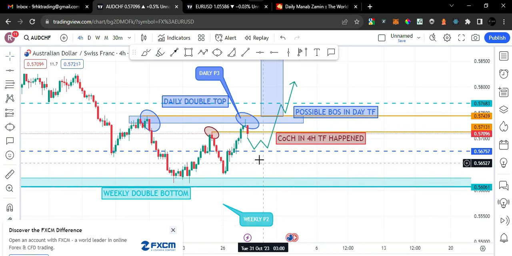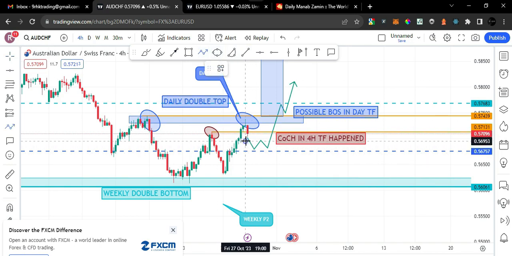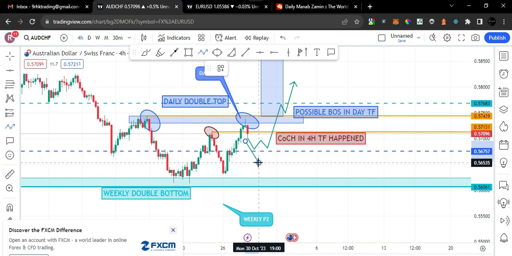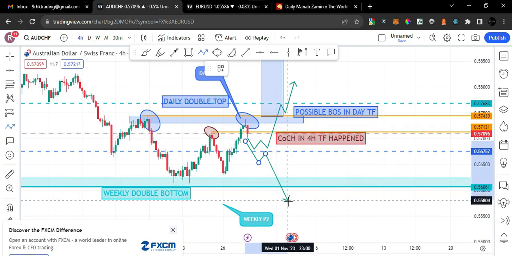So coming back to here, if for any good reason it breaks from the same place, then it will retest again. It will try to retest, and if this retest fails here, then it will create a lower low again. It will go downward.